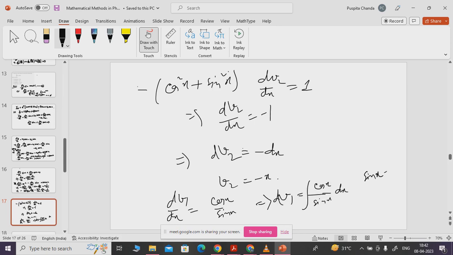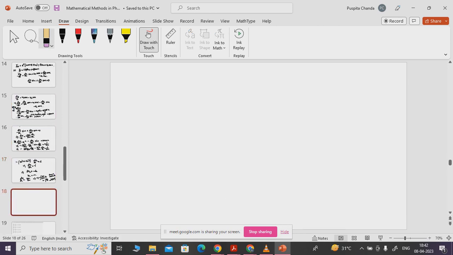So let us assume sin x is equal to u, then the differentiation of u will be cos x dx, so the integral is du by u, which is ln u. So here ln u is ln sin x. So v1 is equal to ln sin x and v2 is equal to minus x.